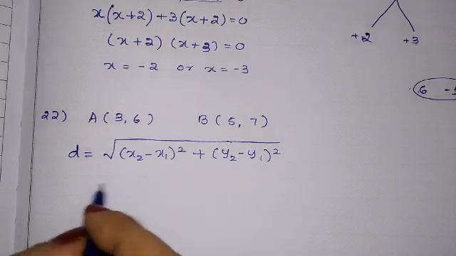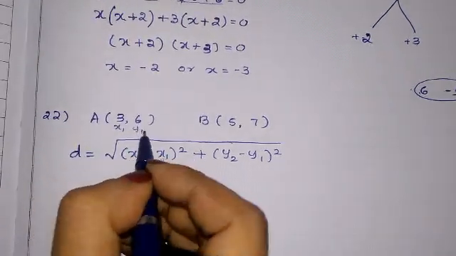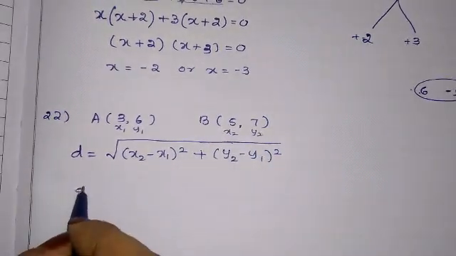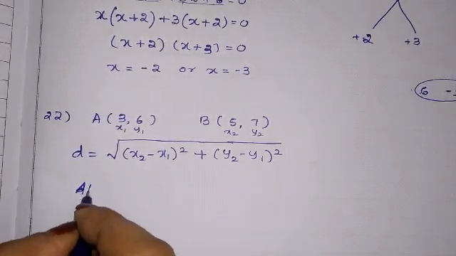Now how we will write in this? First point we should write x1, y1 and second point we should consider x2, y2. Now we will substitute the value. Which distance we have to find? AB.